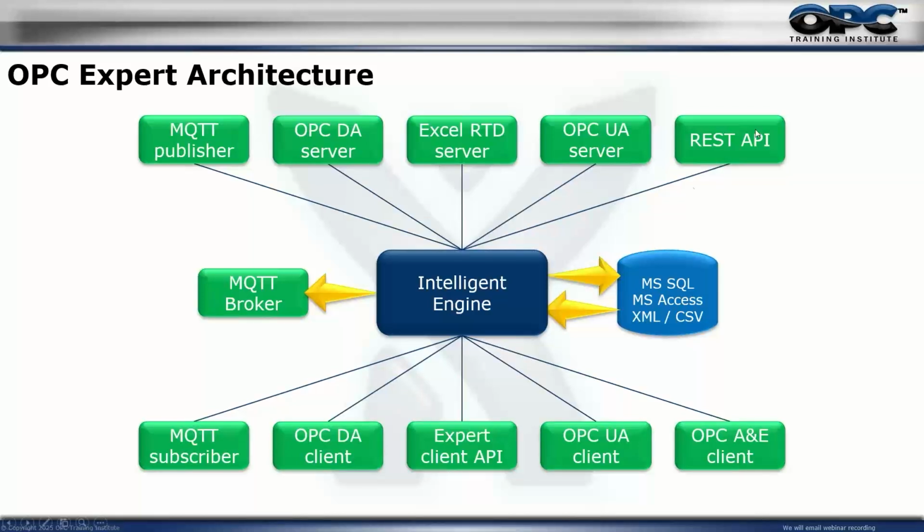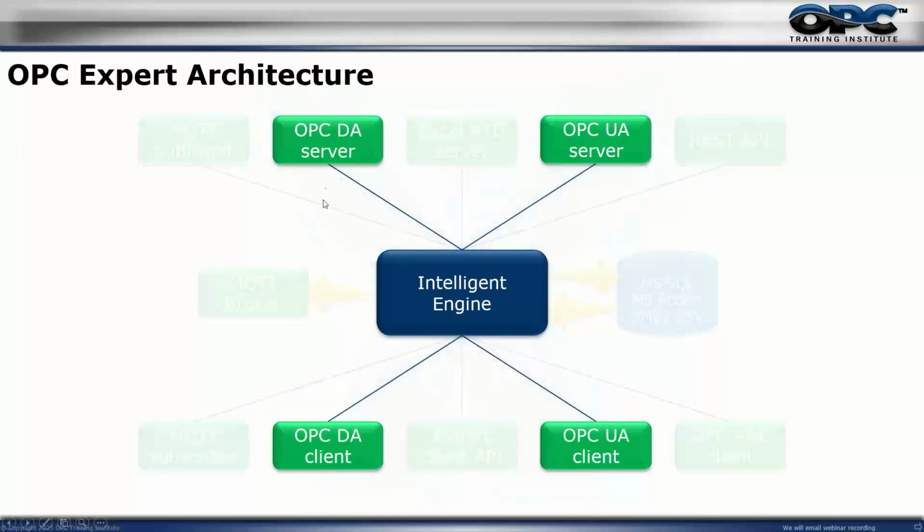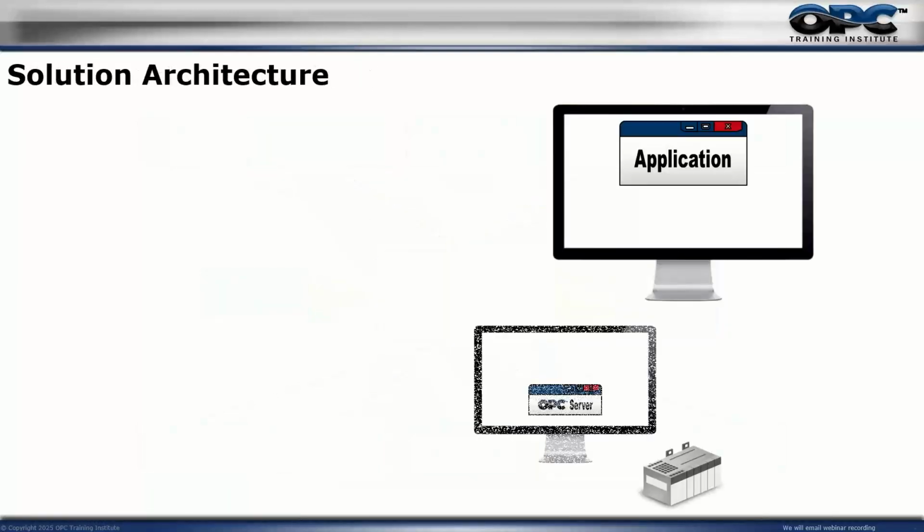Once again, all of this is inside OPC Expert, but in this particular webinar, we're focusing on these aspects, OPC in and OPC out. And now we're talking about adding redundancy capabilities if you don't already have this.